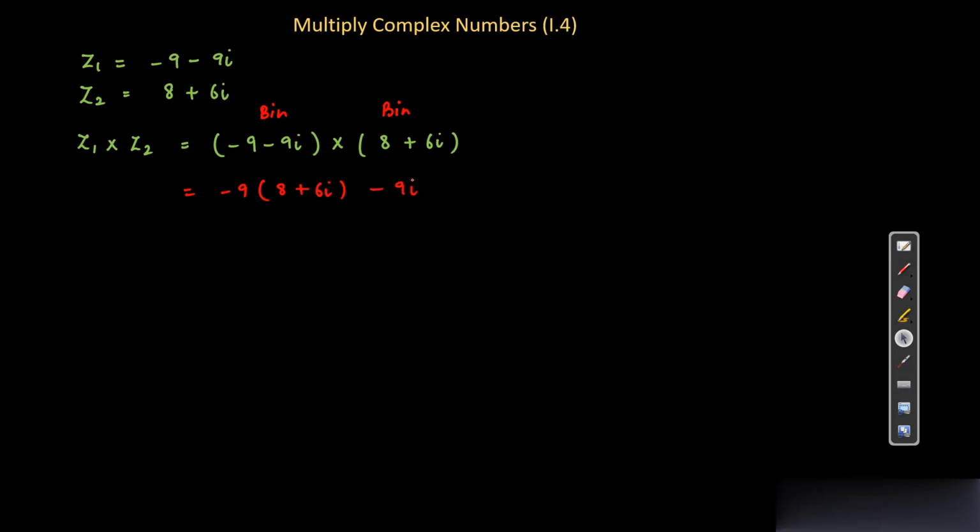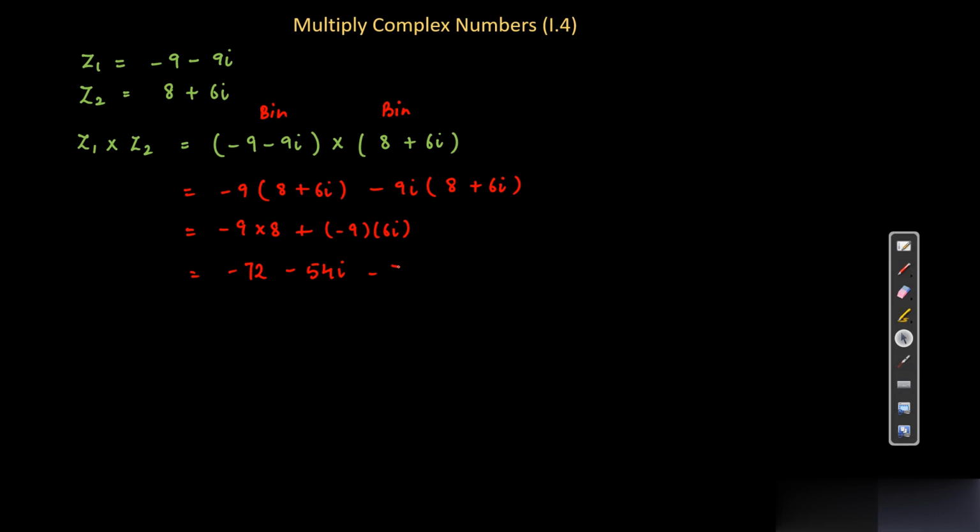Then -9i will be multiplied by 8 plus 6i. So this one, -9 times 8 is -72, minus 54i, and then minus 72i minus 54i.